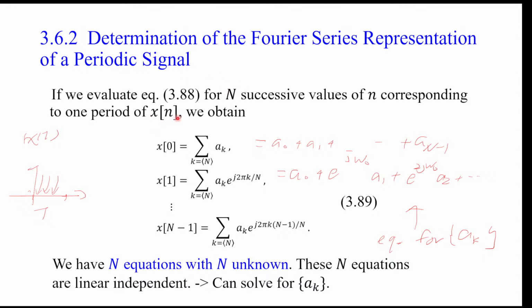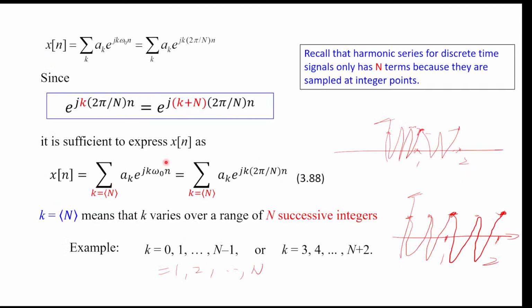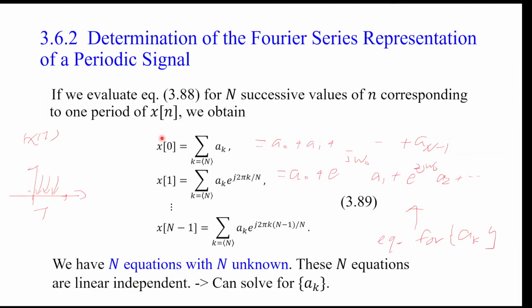So it is basically specified by N values, because it has period big N. So you have N different values for your x of n, x0 to x_(N-1), and now you have this synthesis equation. For every x of n, from x0 to x_(N-1), you can write down this synthesis equation.